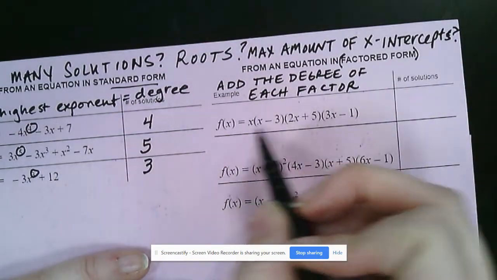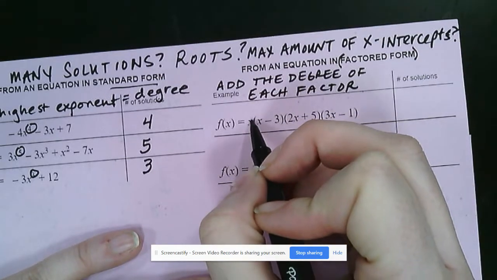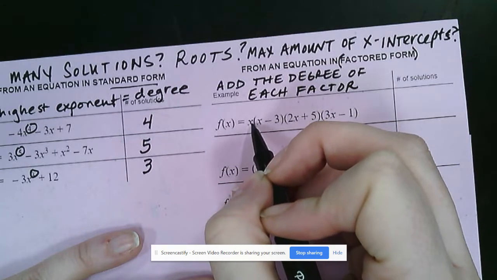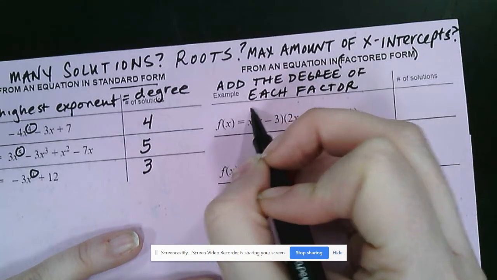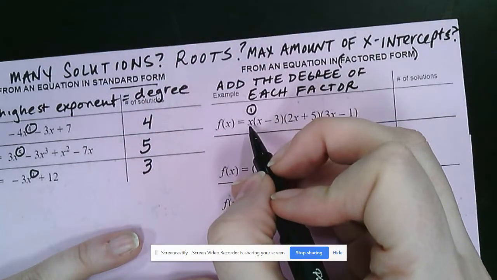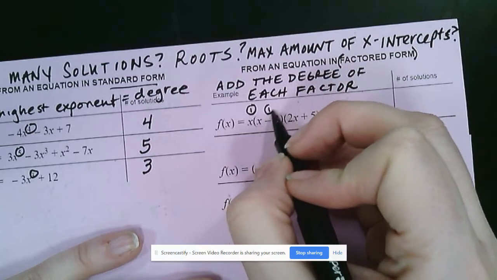So for the most part, they'll look something like this first example. So the highest exponent of this first term, and it's really just an x, well, there's no exponent on it. And when there is no exponent, it's a 1. So the degree of this factor is also a 1.